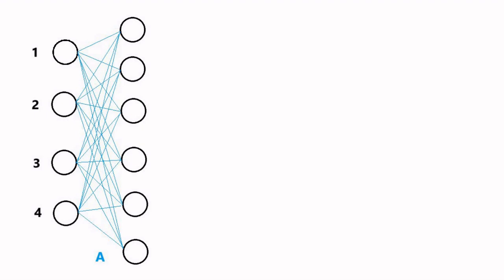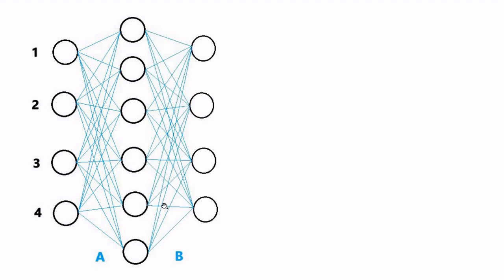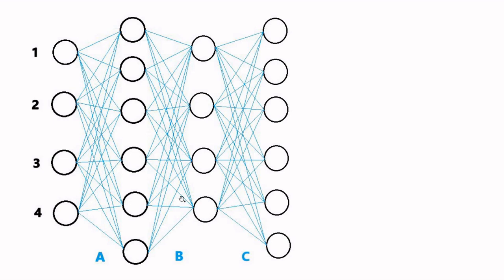And I chose to model it like this. So we have the first layer, layer A, going to 6 nodes. So from the 4 input nodes, we go to 6 nodes. Then B takes us to 4 nodes, and layer C takes us to another 6 nodes.